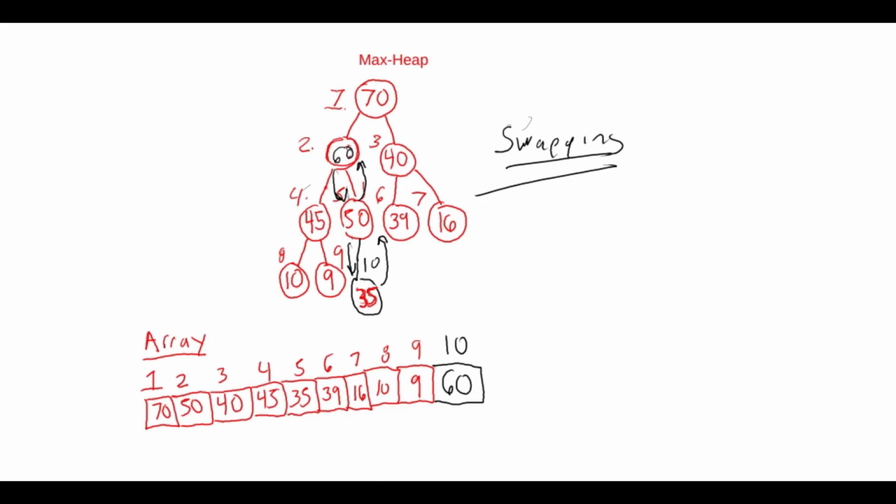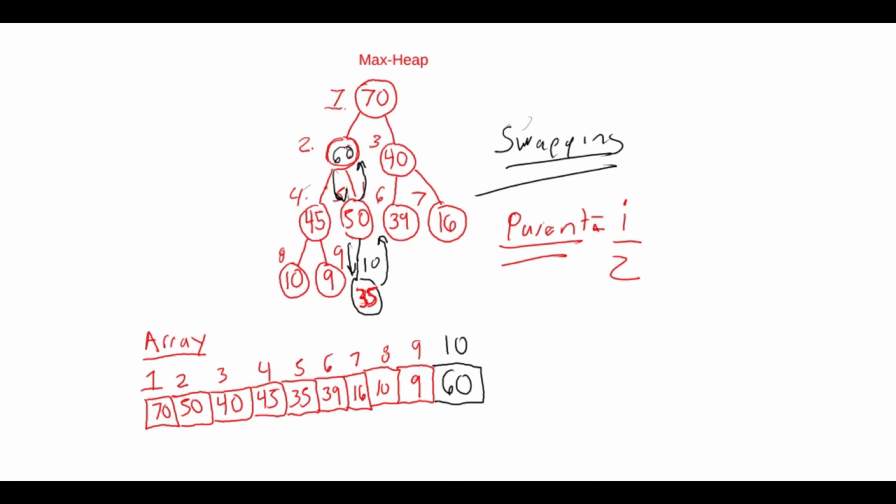We went from bottom to top. Now let's do this in the array. So if you're doing this in the array, this is how you find the parent: parent equals i divided by 2.